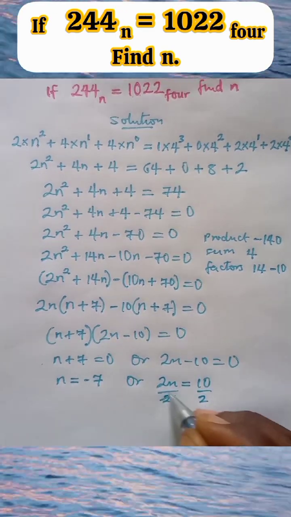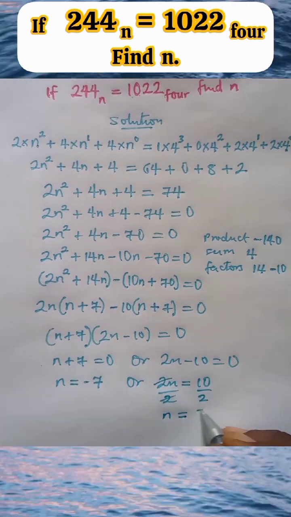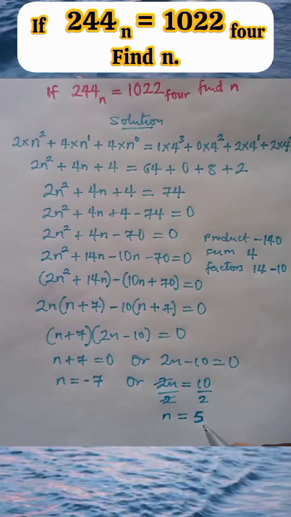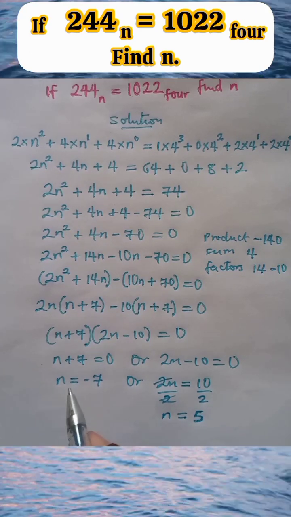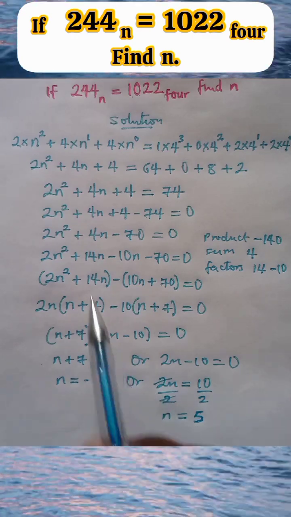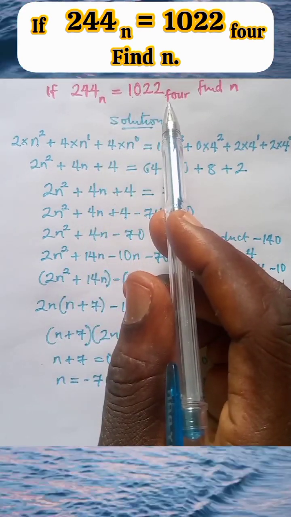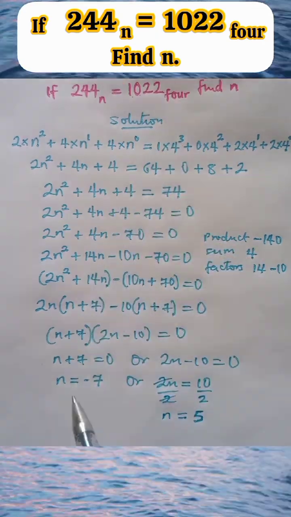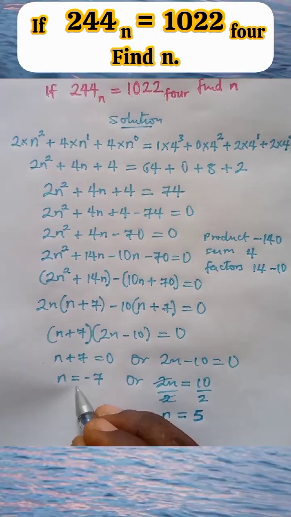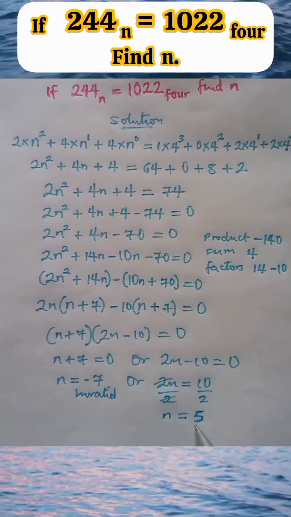Divide both sides by 2, and we have n equal to 5. Now we have two answers: n equals negative 7 and n equals 5. Take note, the base of a number cannot be negative, and so this negative 7 is invalid, and our final answer is n equals 5.